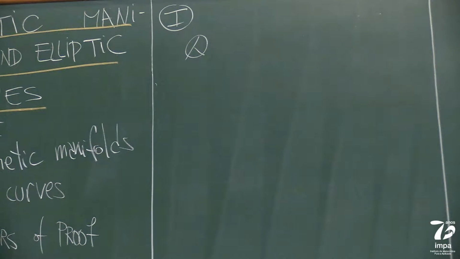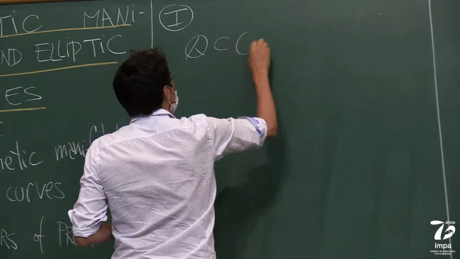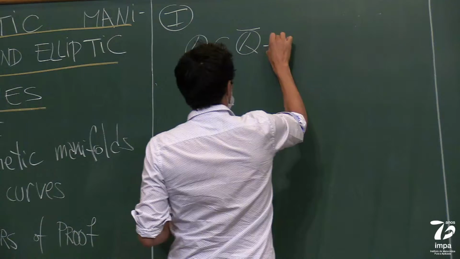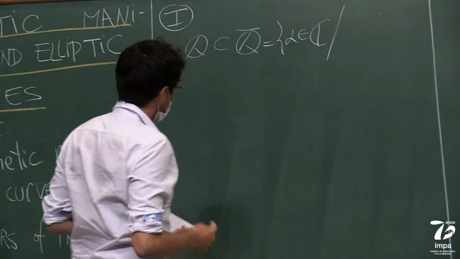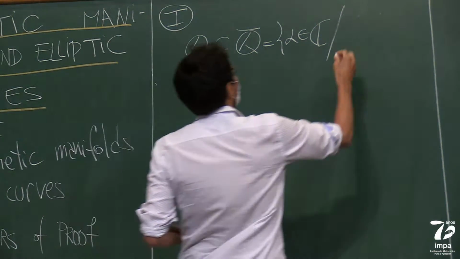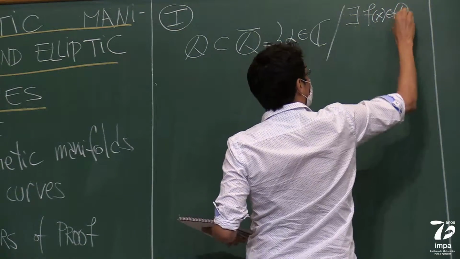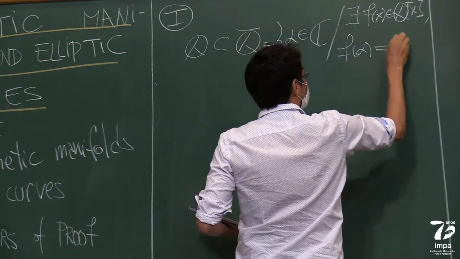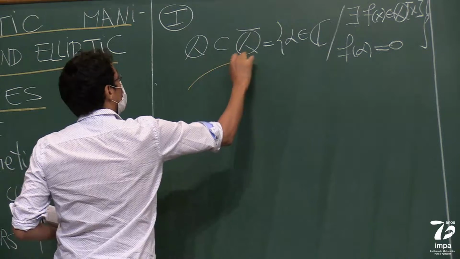We are more interested in these algebraic numbers, which are numbers that are the roots of polynomials. So there exists a polynomial with coefficients in the rational numbers that vanishes at alpha. These are called algebraic numbers.